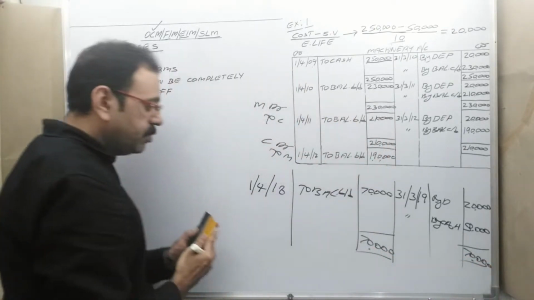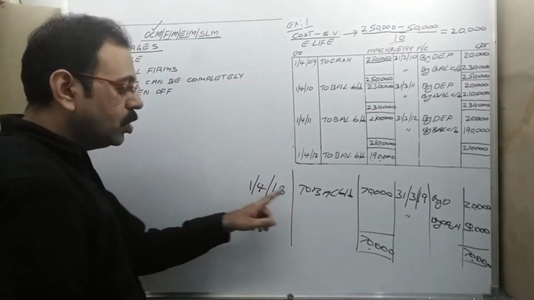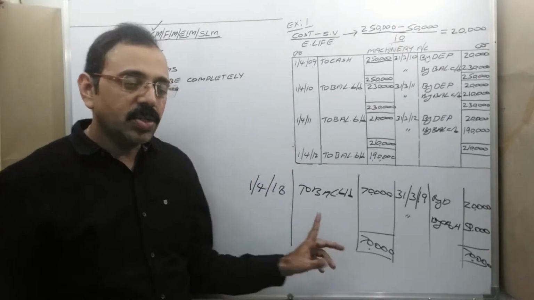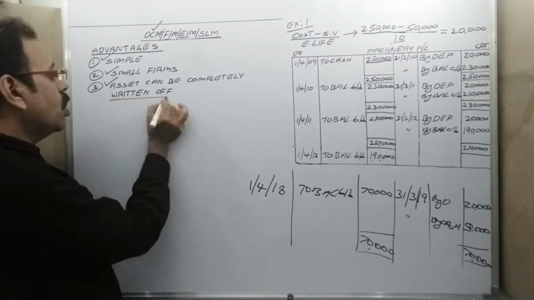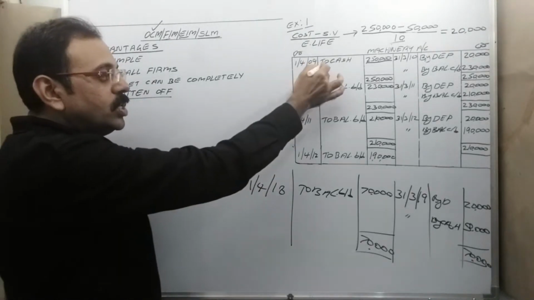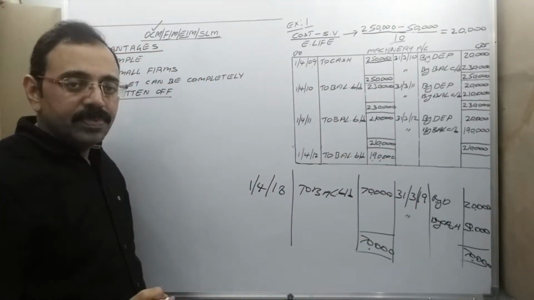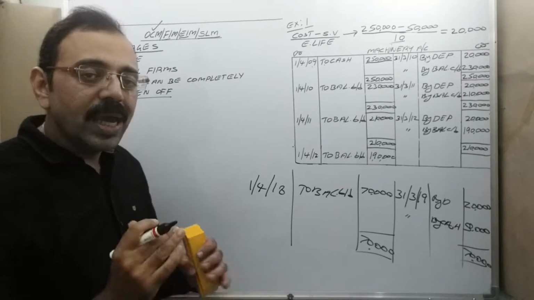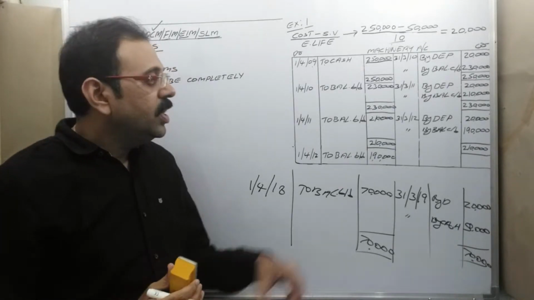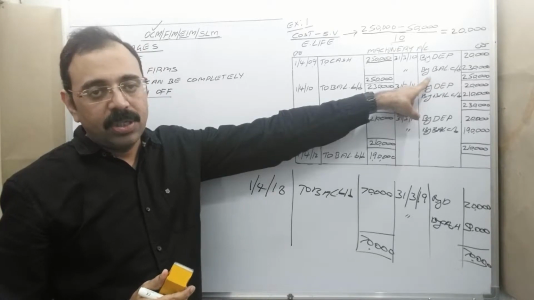Now the two sides' totals are the same. What is the meaning of this? The asset account is closed. That is known as written off. The asset value is depleted to its scrap value. So exactly we can close the asset account. See, in the first year there is a balance carried down in the asset account.